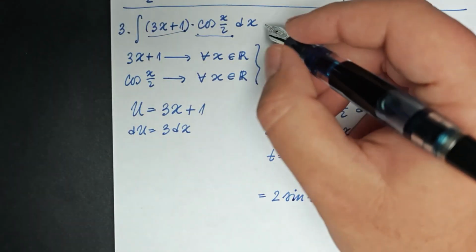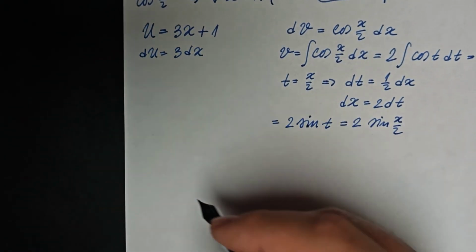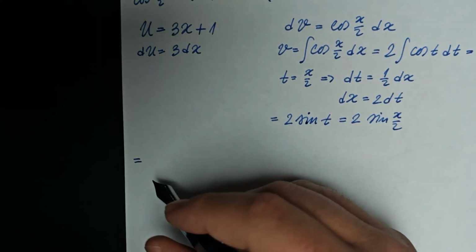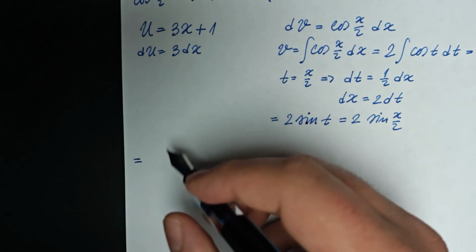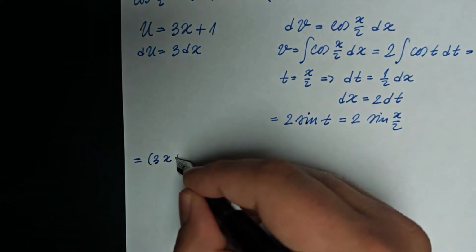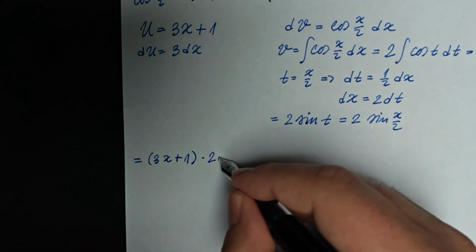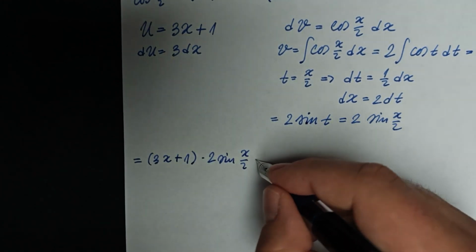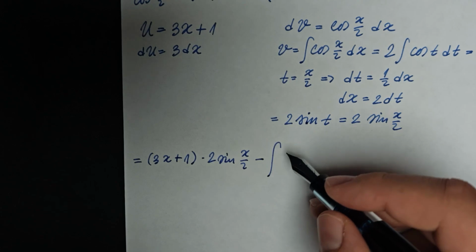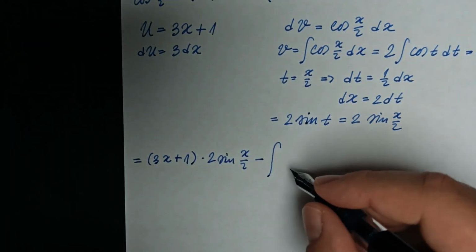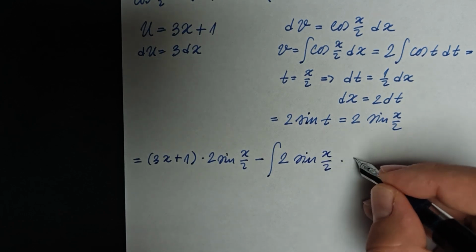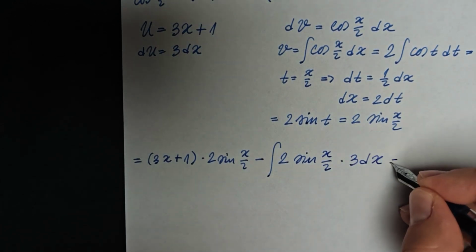So the integral which we had started from now gets transformed by the integration by parts formula into 3x plus 1 multiplied by 2 sine of x half, that is u multiplied by v, minus the integral of v multiplied by du, that is 2 sine of x half multiplied by 3 dx.